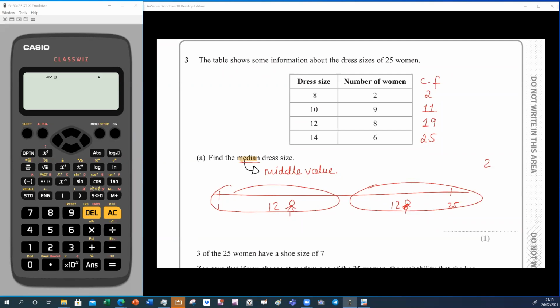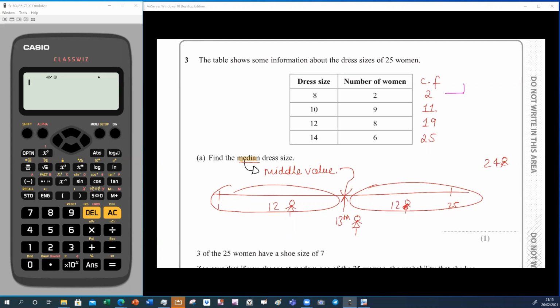So you got 24 women. So that means this woman here, which is going to be the 13th woman, she's going to be our median value. So by looking at the cumulative frequency, we need to find out where the middle value actually is.